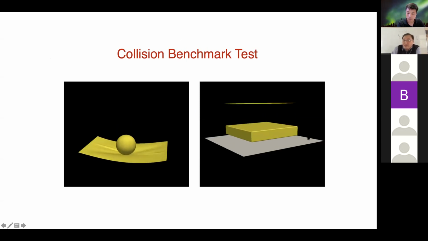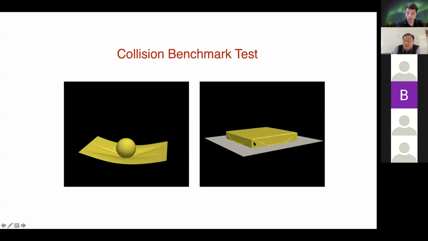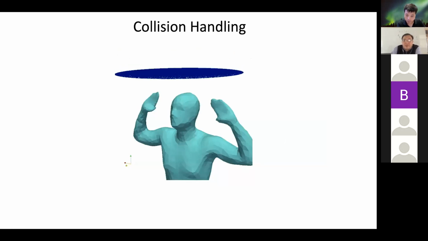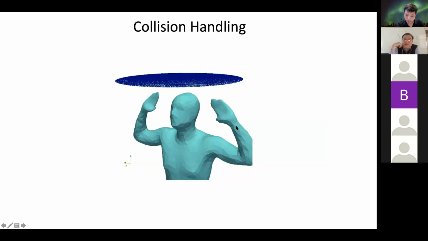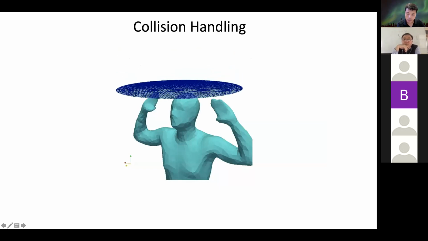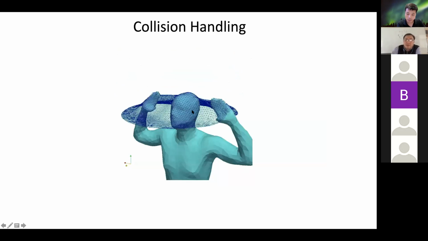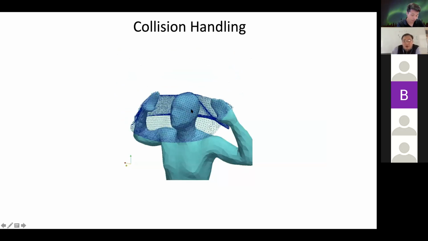This is the collision between the rigid body and the ground, and then the fabric surface to the ground. And this is the simulation where you can see the fabric surface modeled as a spring model, colliding with a human body.